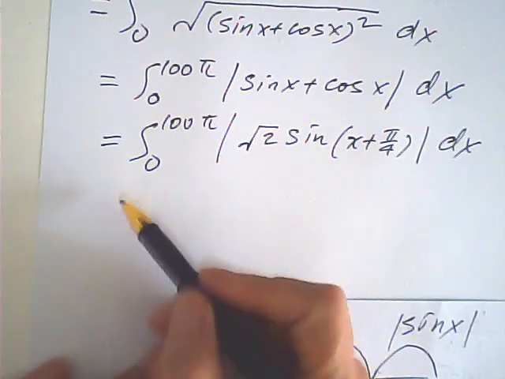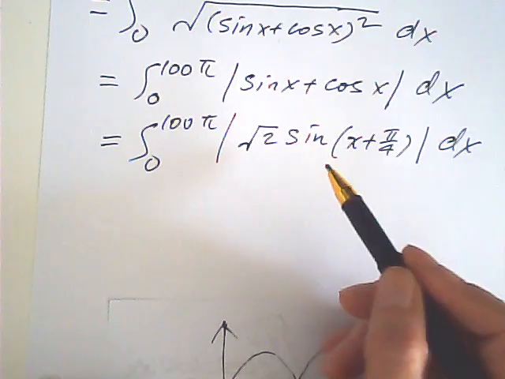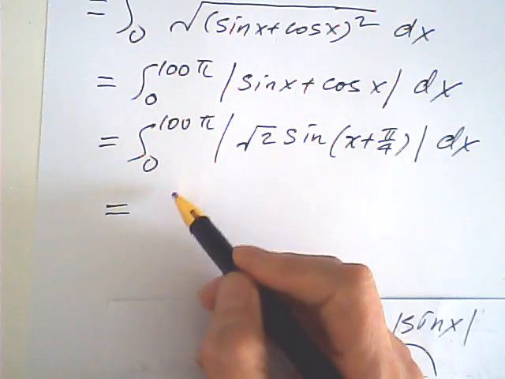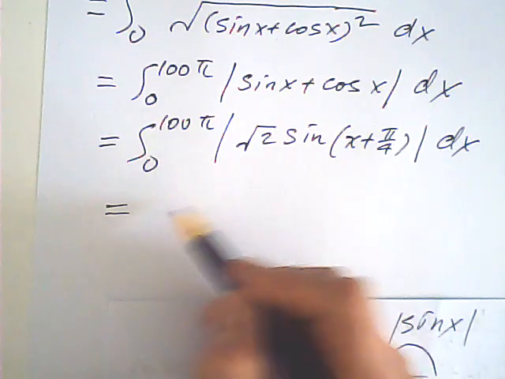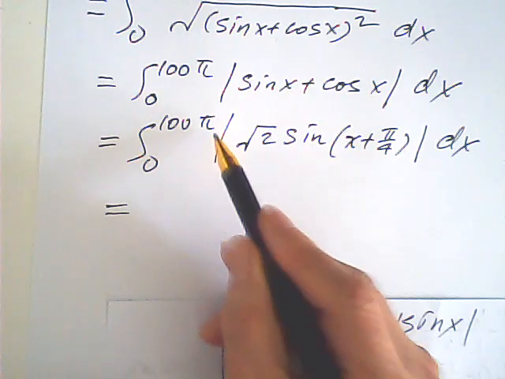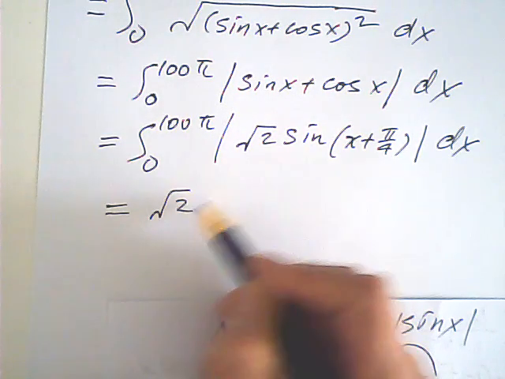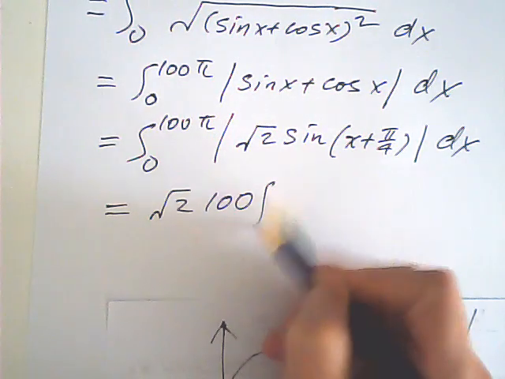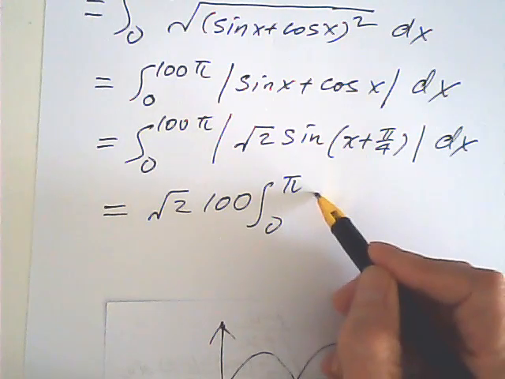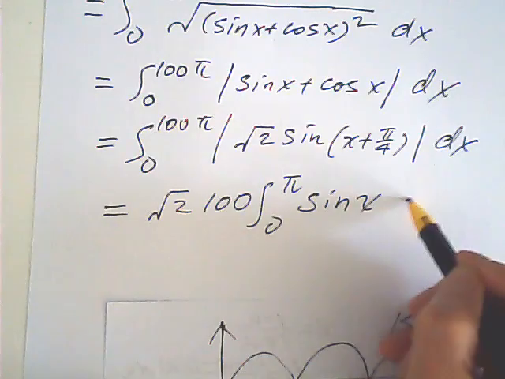So based on that property, this one is the same as the integral over one period of pi, and it becomes root 2 times 100 times the integral of sine x dx.